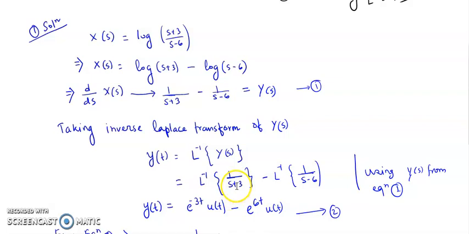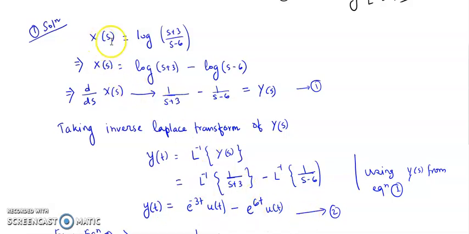So the inverse Laplace transform of 1 by (s plus 3), where a is equal to 3, is e to the power minus 3t u(t), minus e to the power 6t u(t). So you will get this y(t).